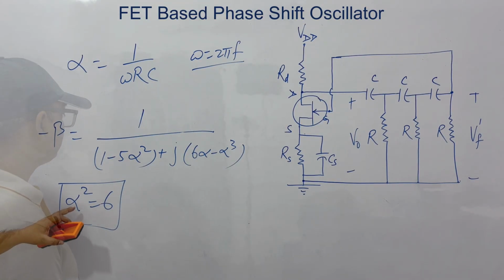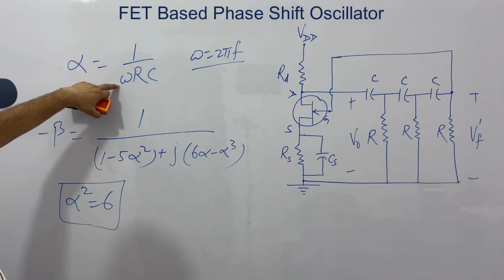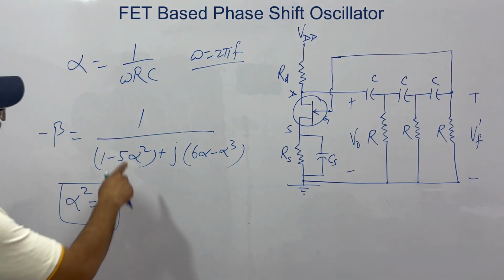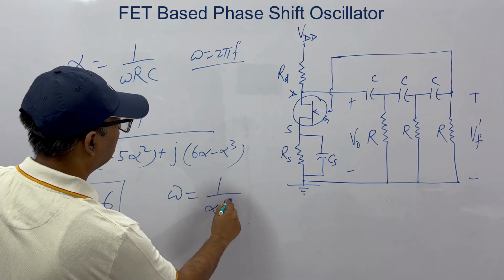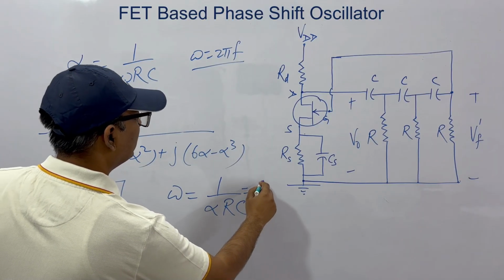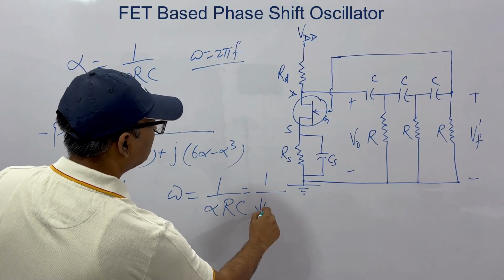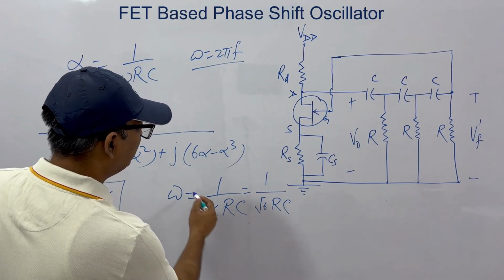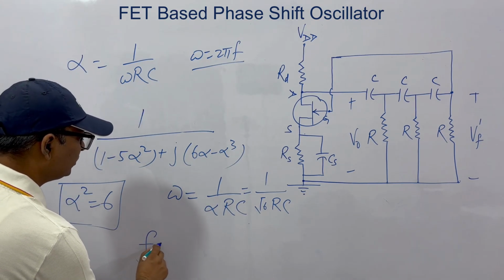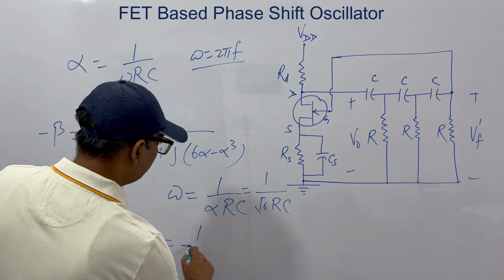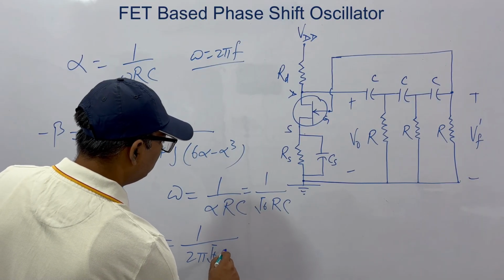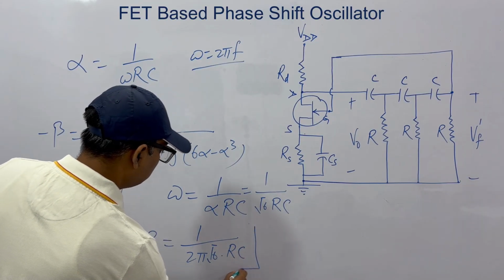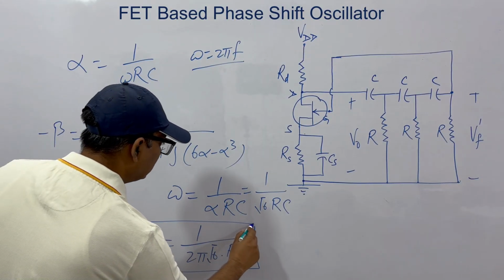Now if you put alpha squared equal to 6 here, what you get? Omega is equal to 1 by alpha RC, so what you get is 1 by root 6 RC. This is the value of omega. Or if you want f, this will be 1 by 2 pi root 6 into RC. So this is your frequency of oscillation.